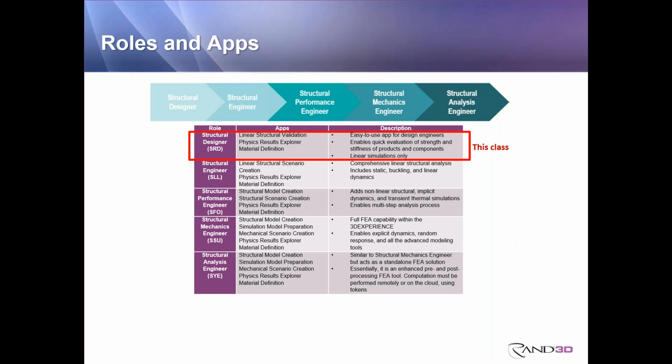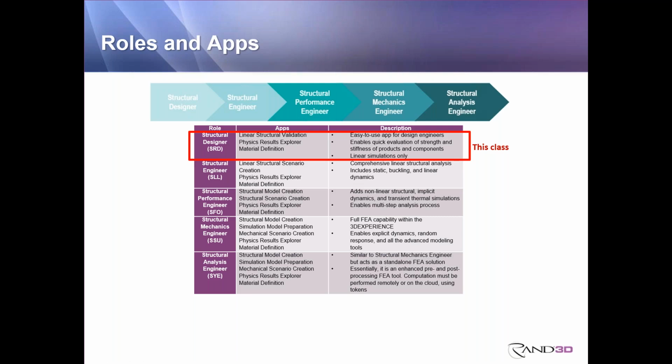Now, the easiest one is SRD, structural designer, like I said. This is the closest analogy to GPS. If I go one level up, structural engineers, it does comprehensive linear structural analysis. Comprehensive means nonlinear simulation steps and on and on.